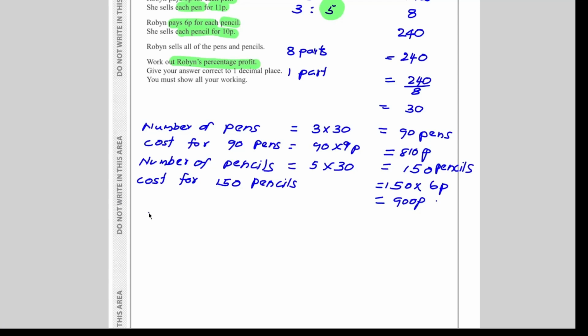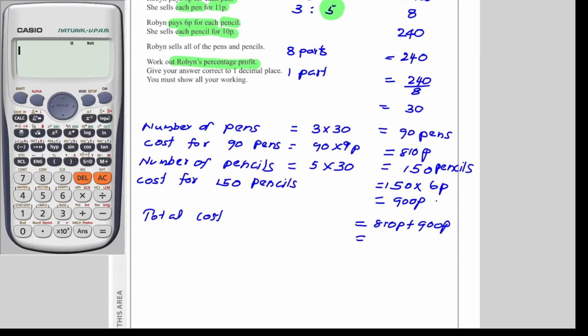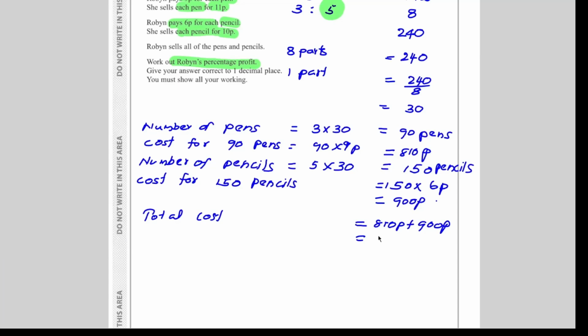Then total cost equals 810 pence plus 900 pence. Once we add them, 810 plus 900 gives out 1710 pence. So we are done with the cost.